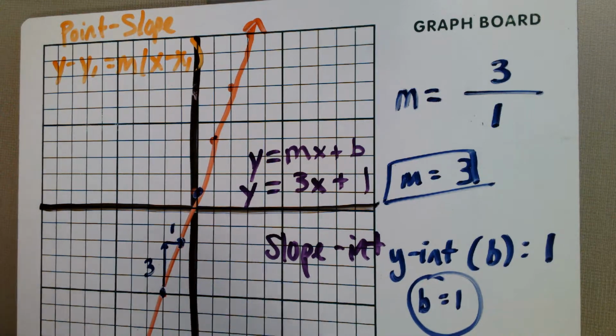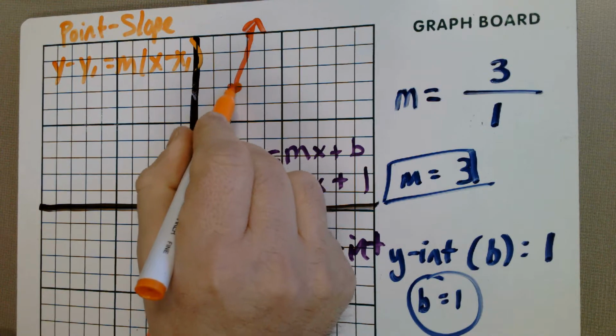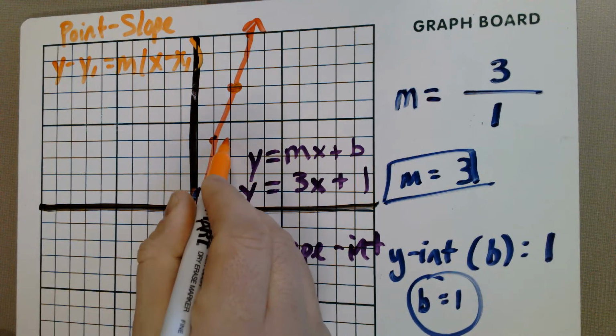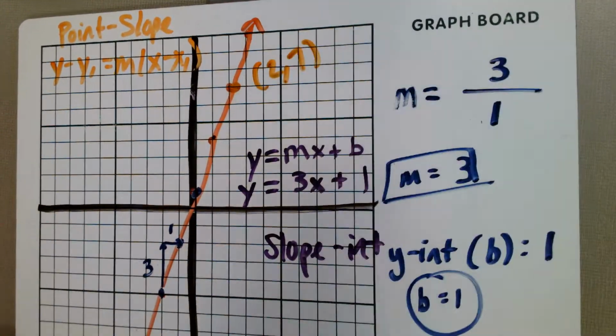If we're looking at this line in red, let's say we're asked to write it in point-slope form. Well, I need to have a point. We can pick any point on the line. In fact, why don't we pick this point right here, which is the point (2, 7).